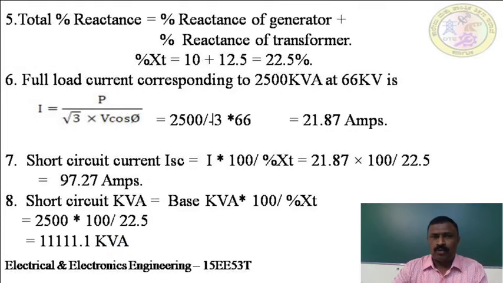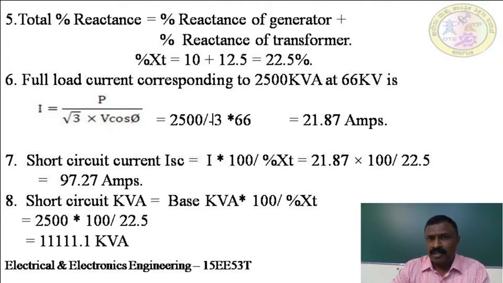Now I want to check the resultant reactance or the total reactance. The total reactance of the power system is equal to the sum of the reactances of the generator and transformer. This particular problem has only two components.